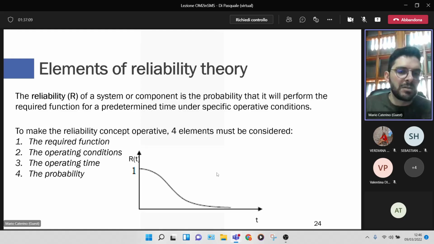So at time 0, a system starts to work, and its reliability is equal to 1, or 100%, as you prefer. When we move over time, the reliability of the system decreases, and it will arrive for sure to 0 when the time tends to infinite.